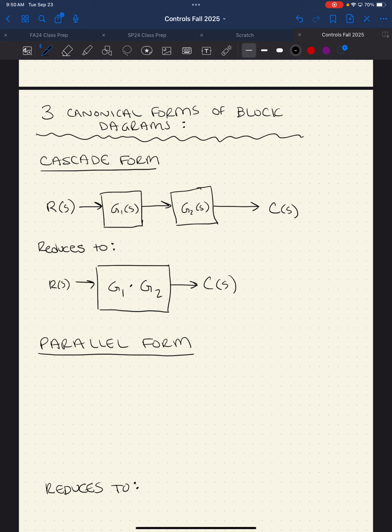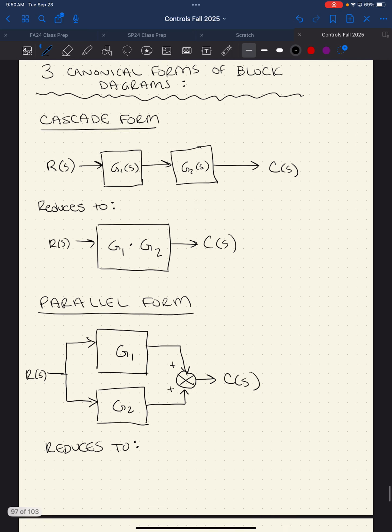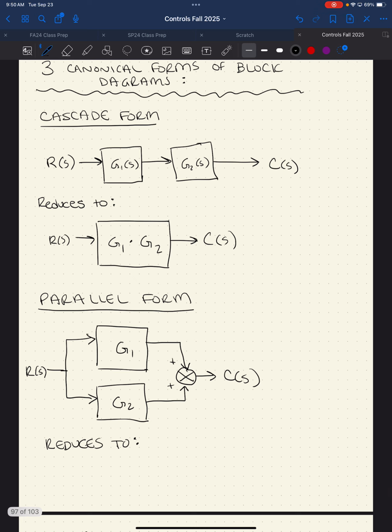Parallel form has a pickoff point, R of S, picks off and goes to 2 parallel branches, G1, G2, and the outputs of these are summed to C of S. Any idea how we would reduce this one?